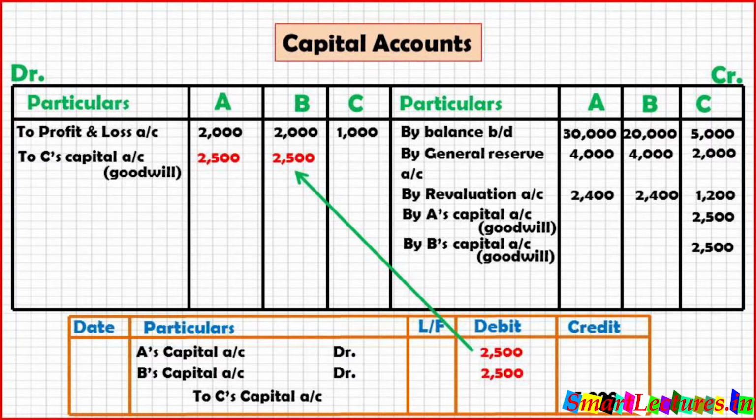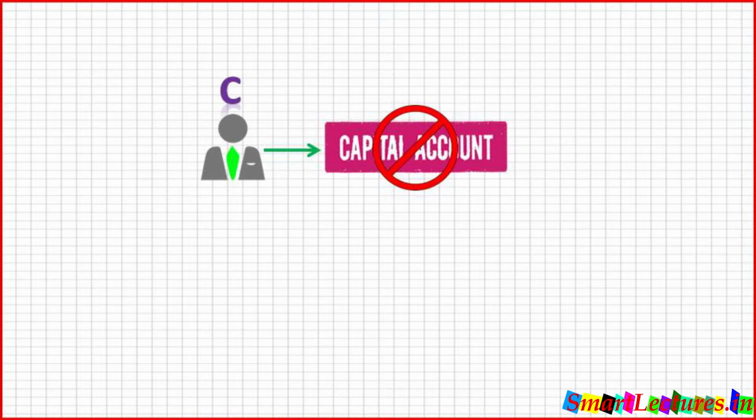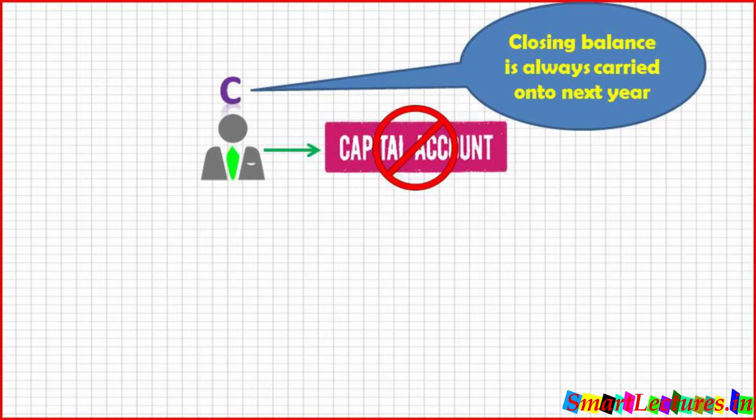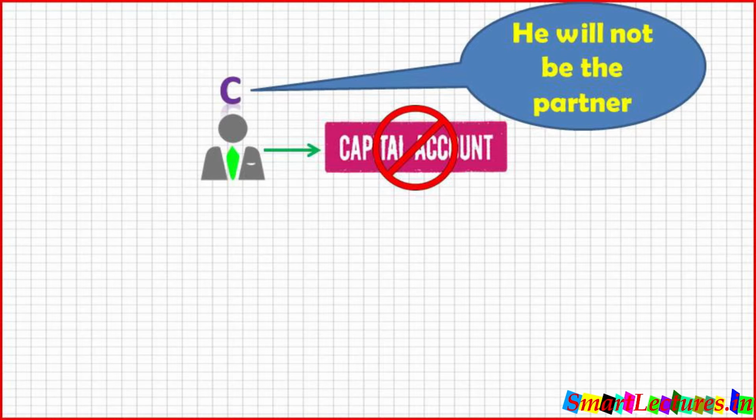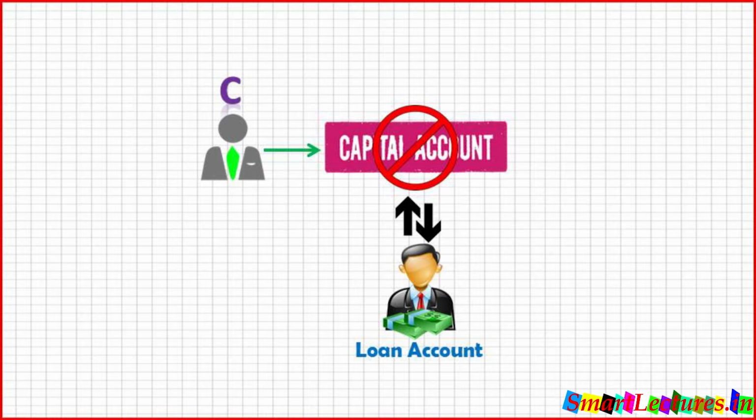Now, first of all, we have to close C's capital account. We cannot write down to balance CD, meaning the closing balance, because the closing balance is always carried on to the next year. We cannot carry C's capital account to the next year because after today he will be no more a partner. So we have to close it and we have to transfer the balance to the loan account.